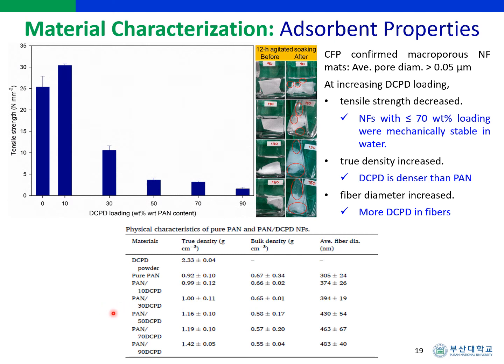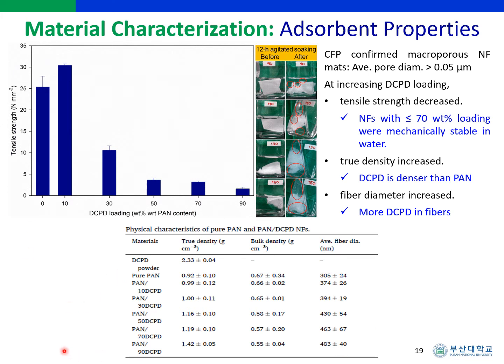Since DCPD is denser than PAN, the measured true density of the composite nanofibers increased as the DCPD loading increased. The average fiber diameter also increased with the DCPD loading, as the presence of more DCPD particles made the nanofibers thicker.